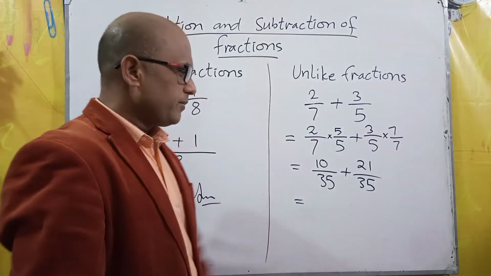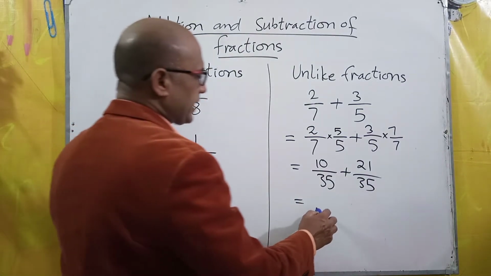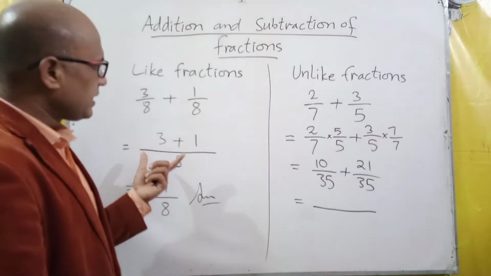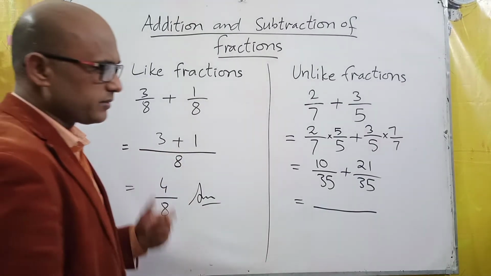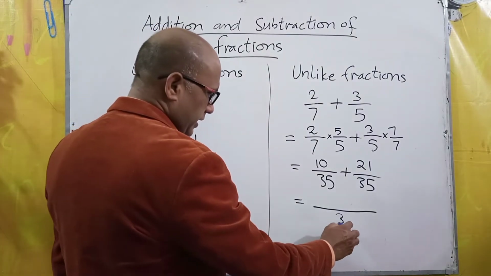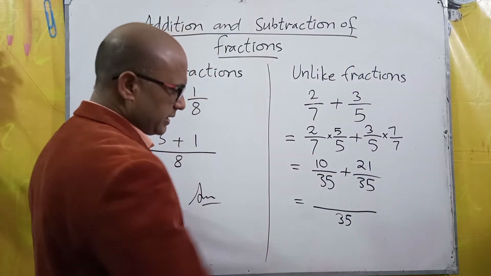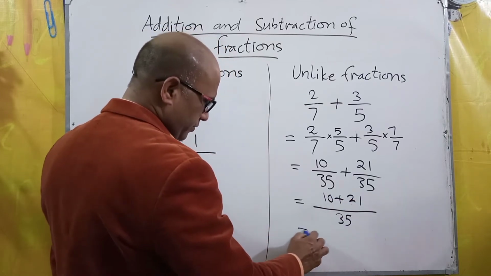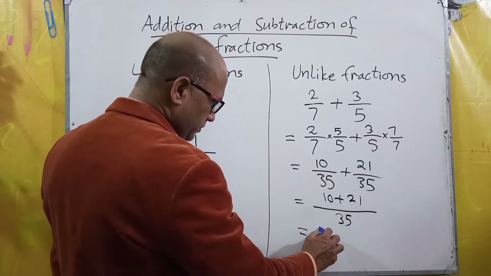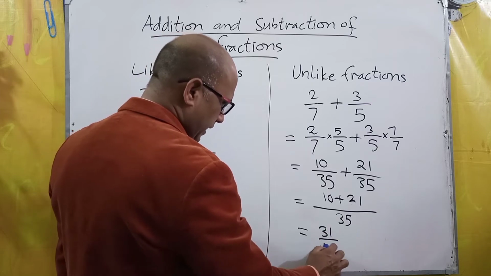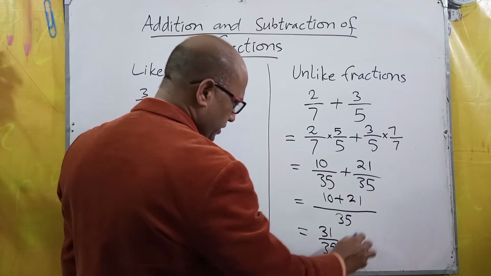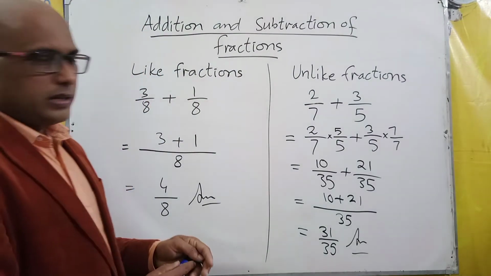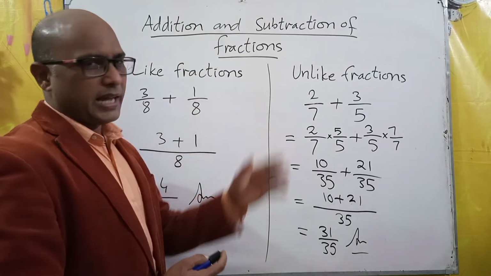When we have turned them into like fractions, it is the same as we did in the like fractions addition. So the denominator will be written as it is and numerators will be added, and we'll get 31 by 35. So this is how to add like and unlike fractions.